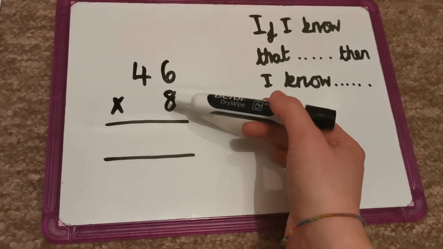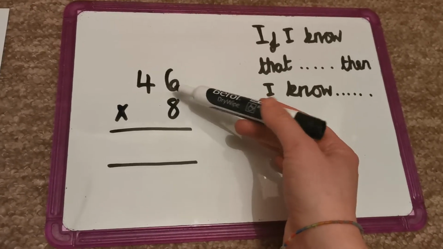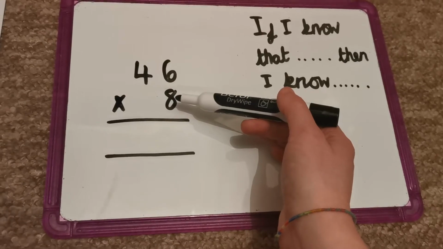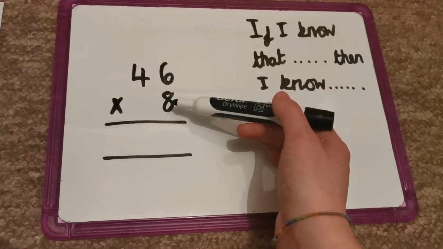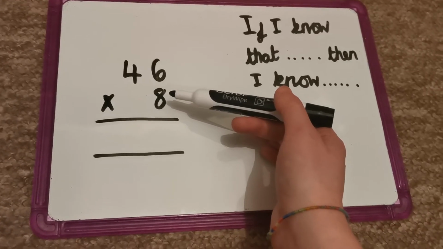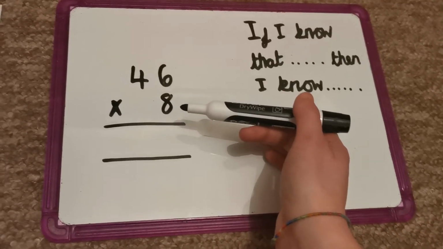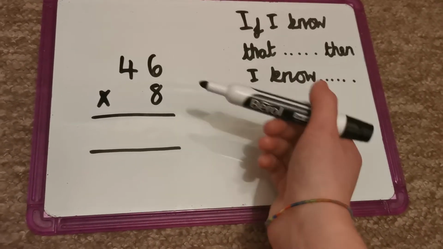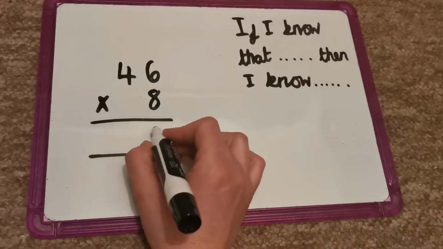I don't know my times tables very well, so I'm going to count in 8s. I know a number fact that's close to that: I know 8 times 5 really well because I know my 5 times table really well. So 8 times 5 is 40, plus another 8 is 48, so 6 times 8 is 48.